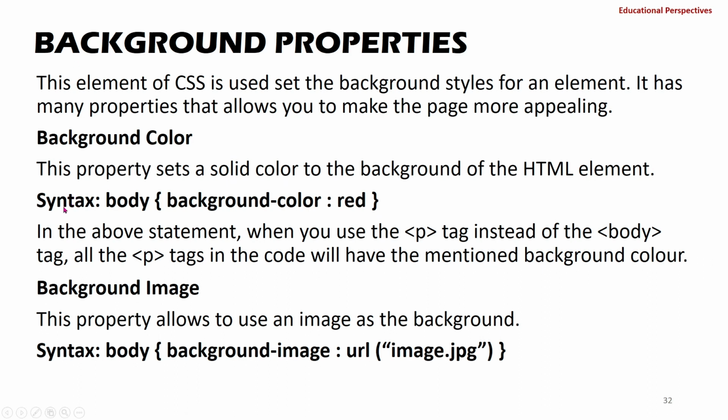So what will be the syntax? Body, then the curly bracket, then background color. Take care of the spelling, color, then the colon, and then the value red. In the above statement, when you use the P tag, that is the paragraph tag, instead of the body tag, all the P tags in the code will have the mentioned background color.